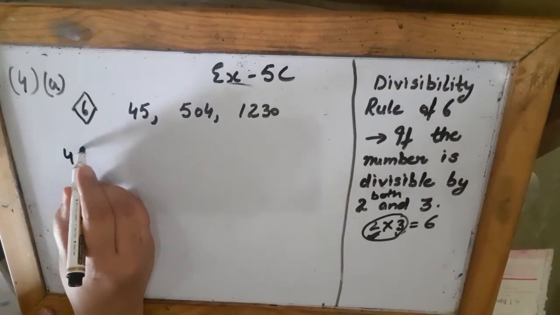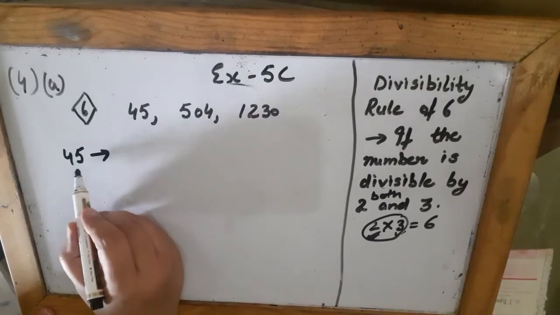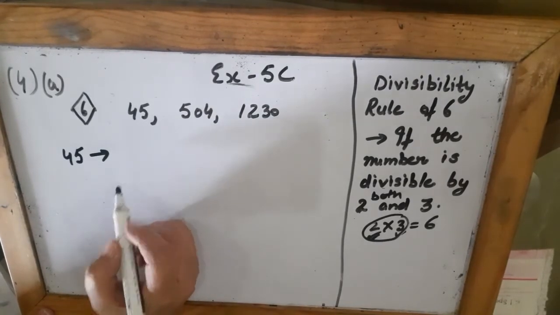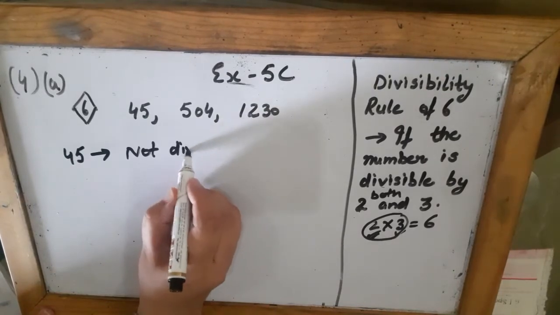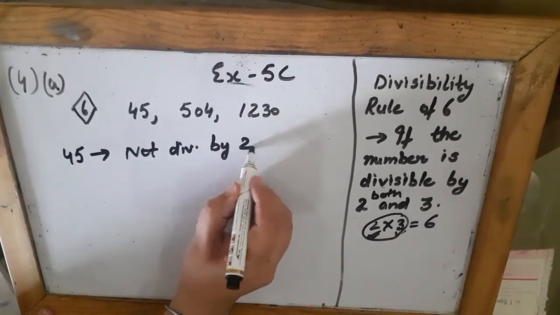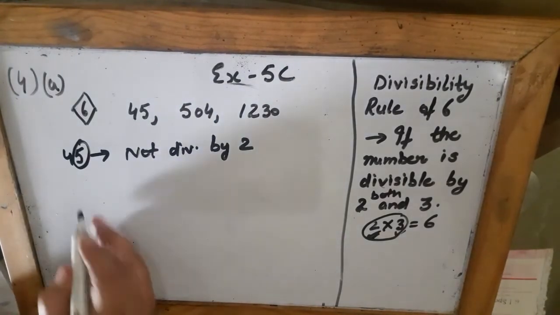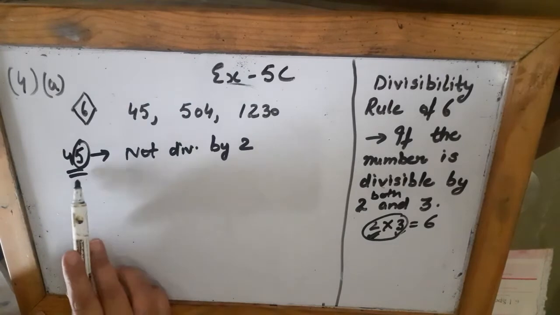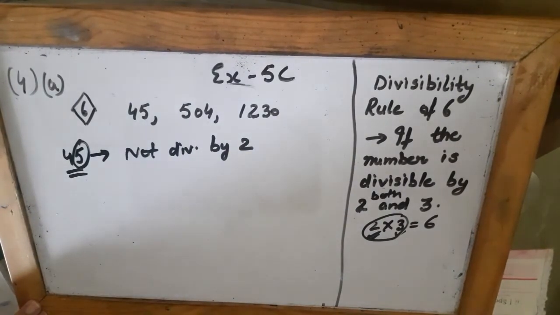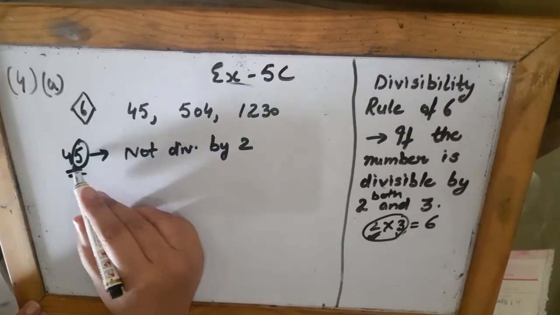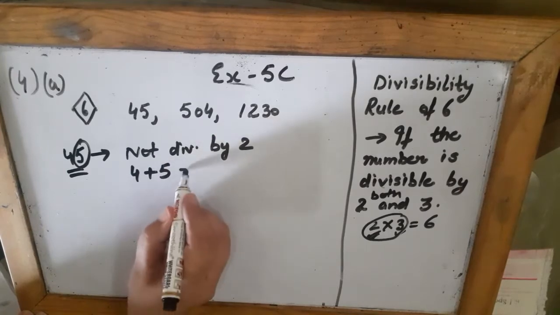Now look at the first number, 45. First of all, with 2. Now is this number divisible by 2? No, not divisible by 2. Why? Because this is an odd number. The last digit is 5, which is odd, so this number is odd. So odd numbers are not divisible by 2. Now let me check with 3. 4 plus 5, I have to add the digits, is 9.